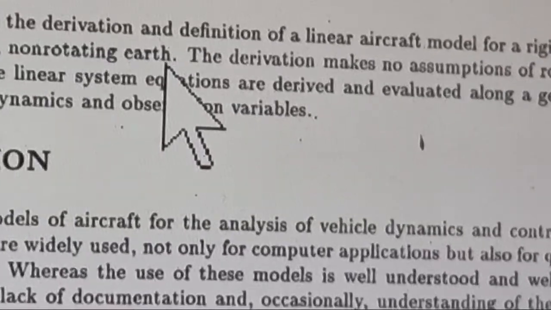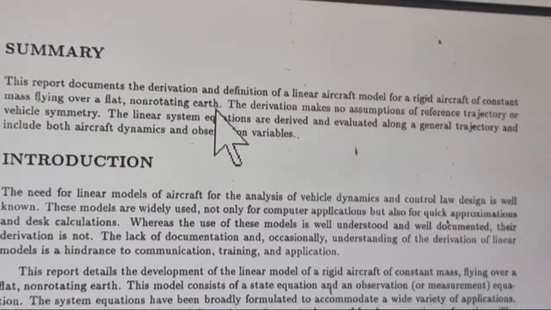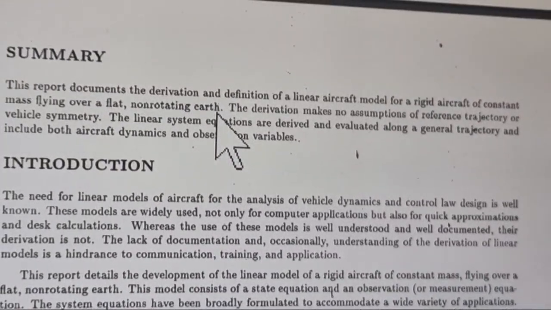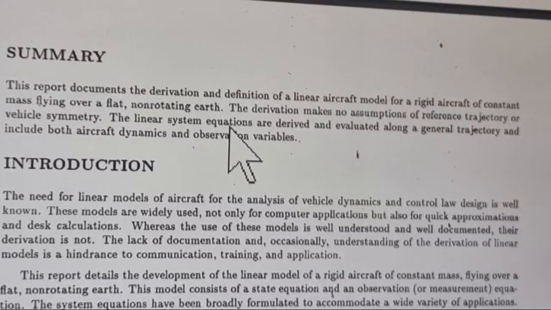So they have to train people that are going to be in charge of billion-dollar aircraft to fly over the flat Earth. They can't train people to fly over a rotating Earth if it doesn't exist. This is not a joke. This is the best kept secret in the universe.